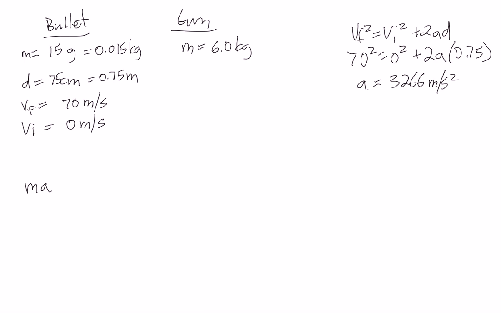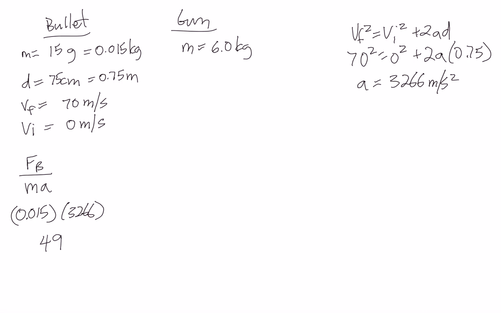So now we can actually figure out what the force is acting on the bullet. The force on the bullet will be the mass, 0.015, times the acceleration, 3266, and that gives us a net force of 49 newtons.